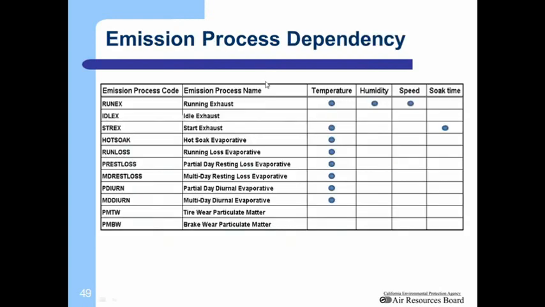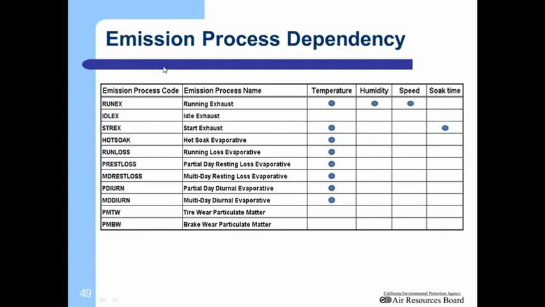Since all my demo cases are characterized by different process, and also, as my coworker mentioned earlier, the emission rate output from the PL mode are always specified by emission process. So to facilitate the following discussion, here in this slide, let's do a quick review of the emission processes used by the EMFAC PL.